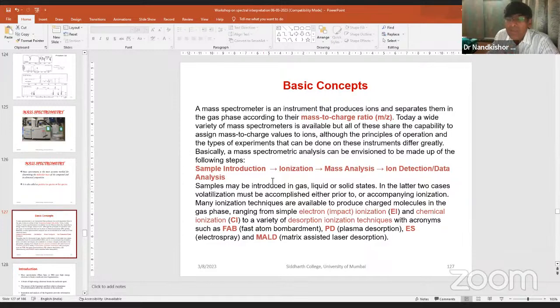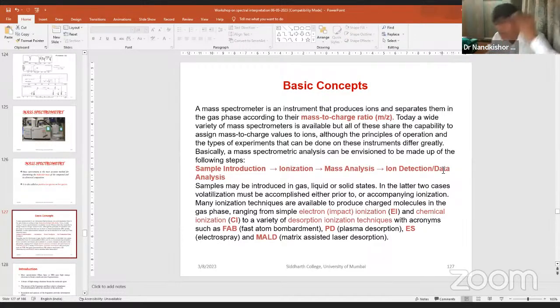Then the electron gun is bombarded on this sample, and one electron is ejected from the molecule. So two electrons go out, and the ionized molecule goes into the mass spectrometer. Then it makes fragments of these molecules, mass analysis takes place, then ion detection takes place, and then the analysis gives you the spectrum. So this is a simple technique.